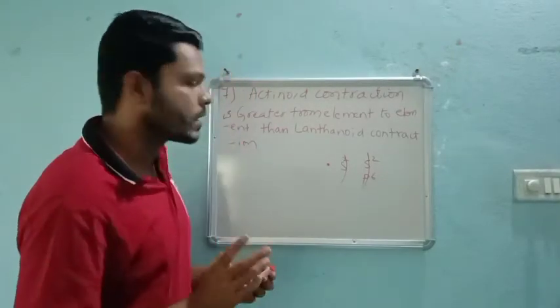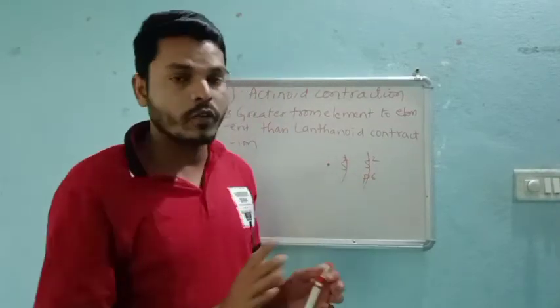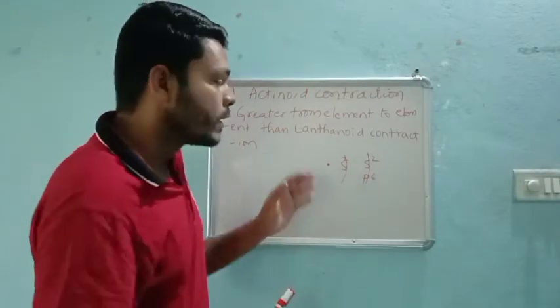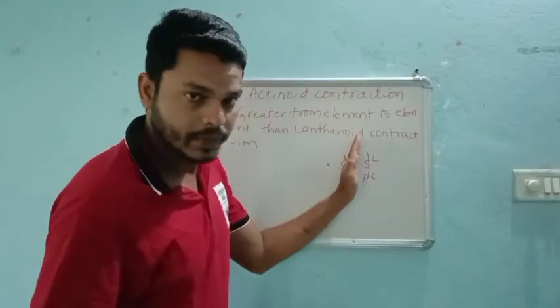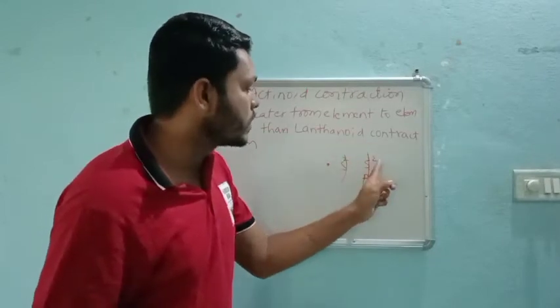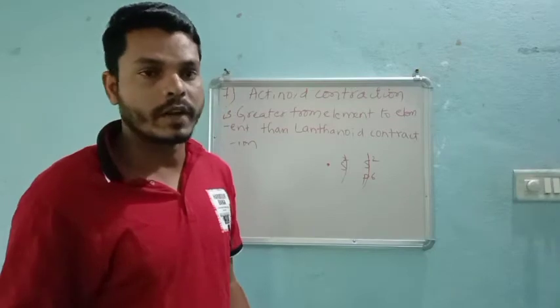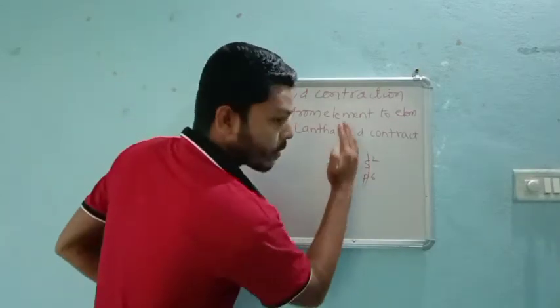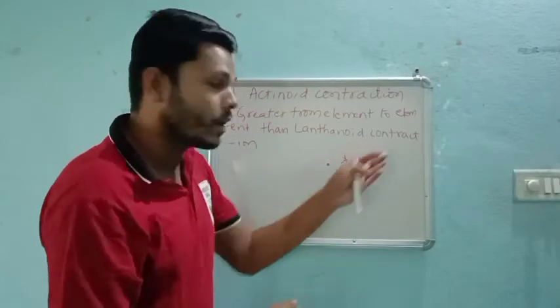Now, just to compare the repulsive force: the attractive force is there, we already know. Shielding effect means the inner shell electrons do not allow the outer electrons to come nearer to the nucleus. It creates a kind of boundary by repelling the outer shell electrons.